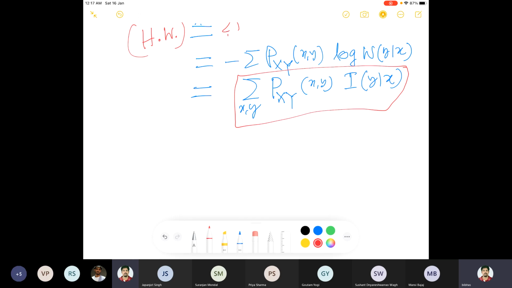Now here is some observation which we said yesterday also, but now we want to check whether it goes as per the interpretation of the communication system. First of all, we always said that H of y given x has to be bigger or equal to 0.